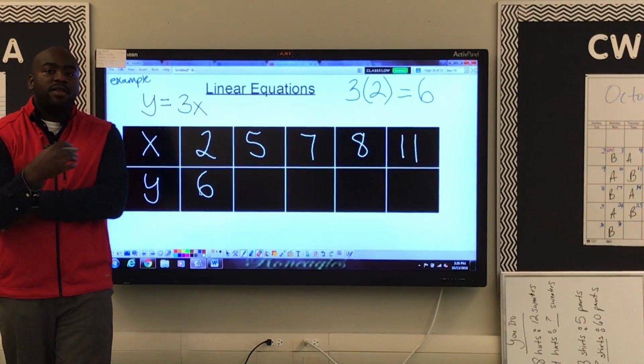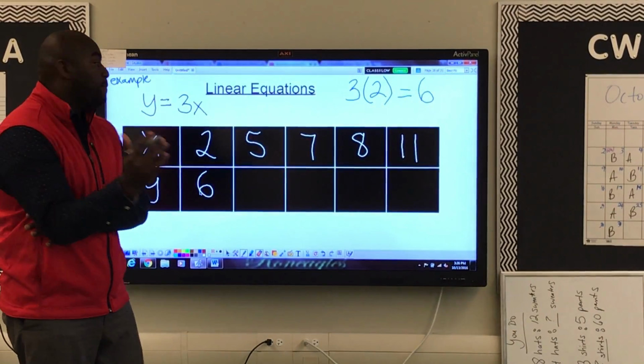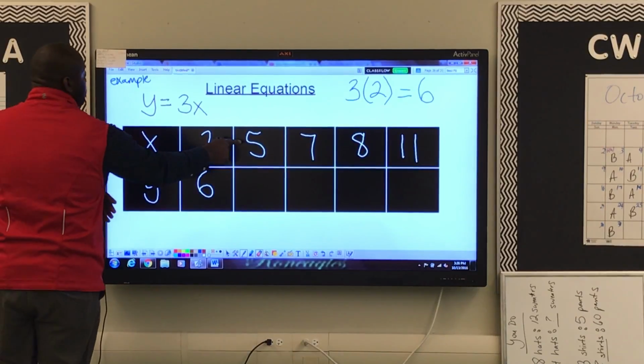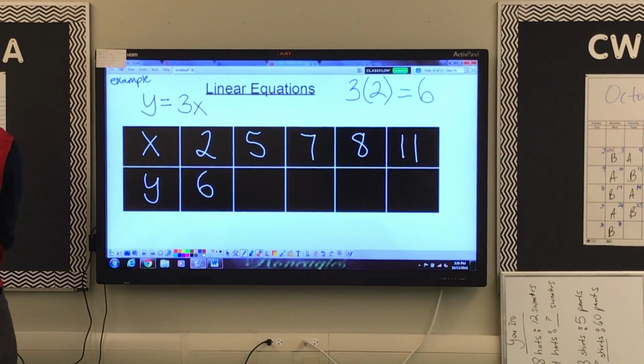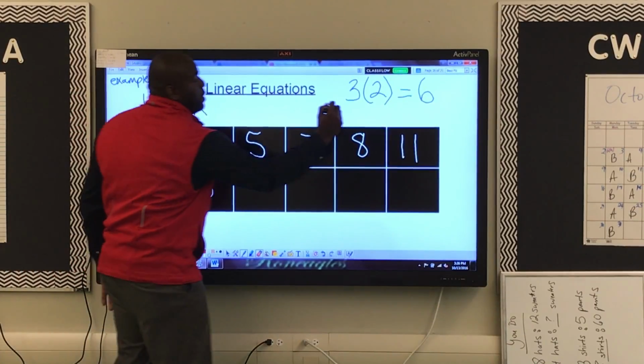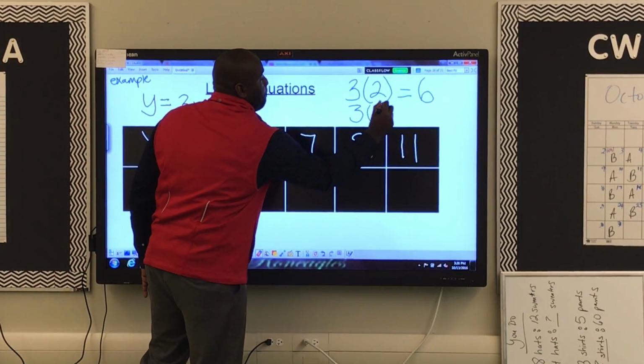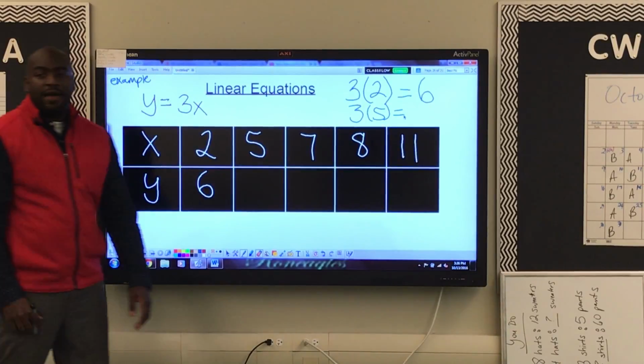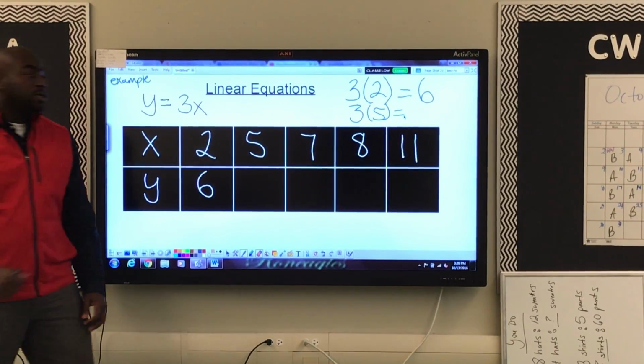This is just me solving it, so you don't have to write these examples down. So when x equals 5, 3 times 5 is 15.